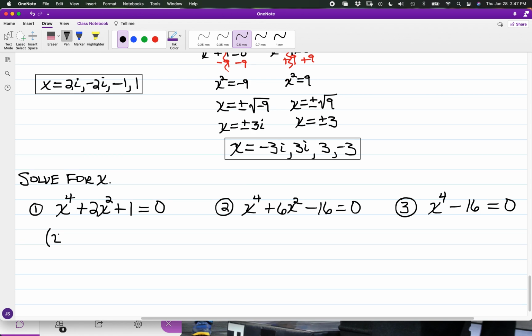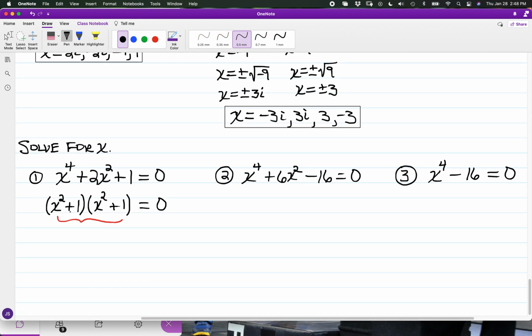This will be a case of a squared trinomial, where this factors out to x squared plus 1 times itself is equal to 0. So x squared plus 1 is going to repeat. That means that whatever we have for x will come exclusively from setting the expression x squared plus 1 equal to 0.